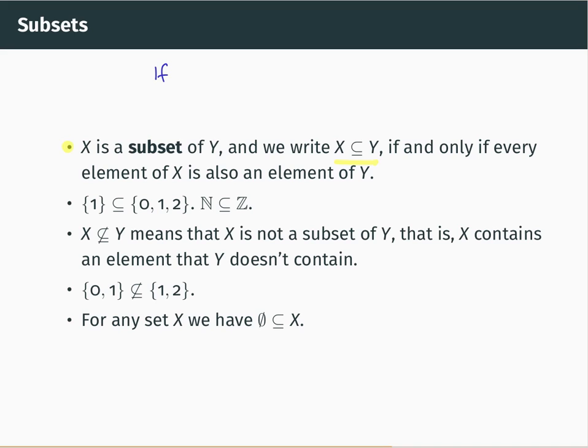So if x is a subset of y, but x is not equal to y, and I'm going to come to a definition of set equality later, we write a similar notation only with a cross through the line underneath, and we say x is a proper subset of y.